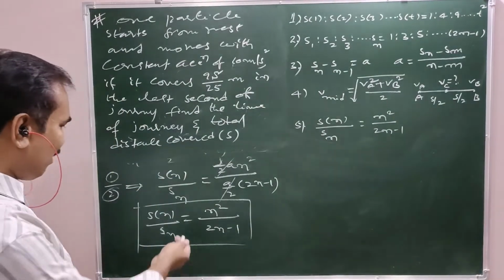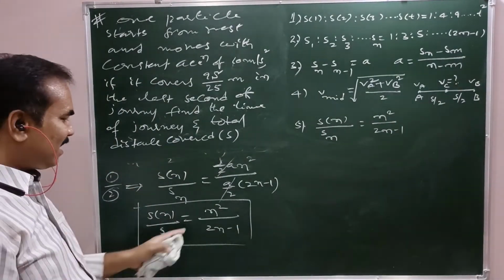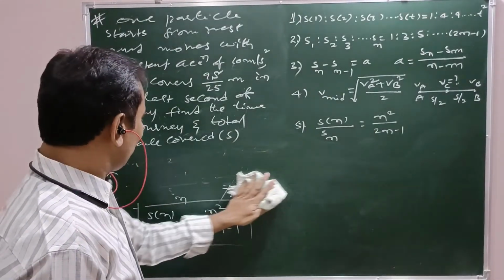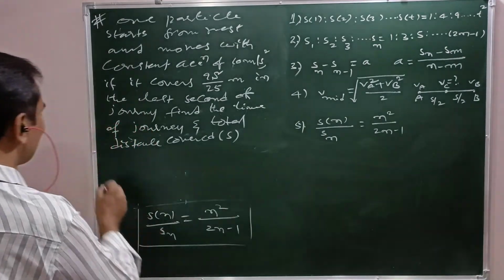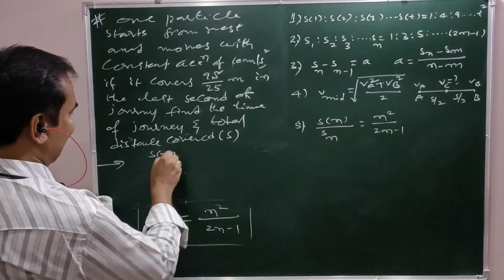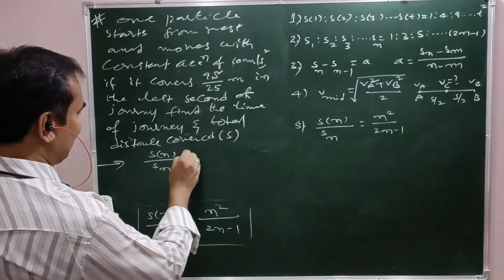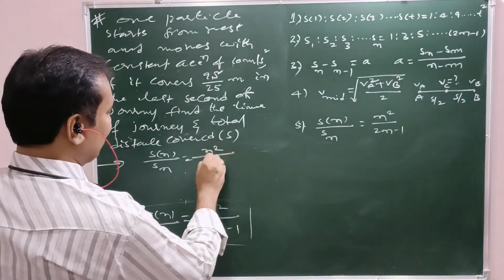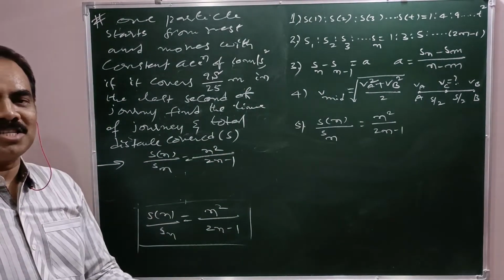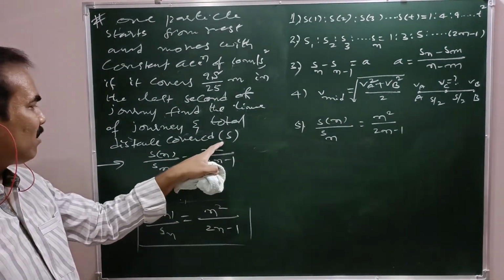So here we have one relation, S of n by S suffix n equals n square by 2n minus 1. S of n means total distance covered in total seconds. What is the total distance here?